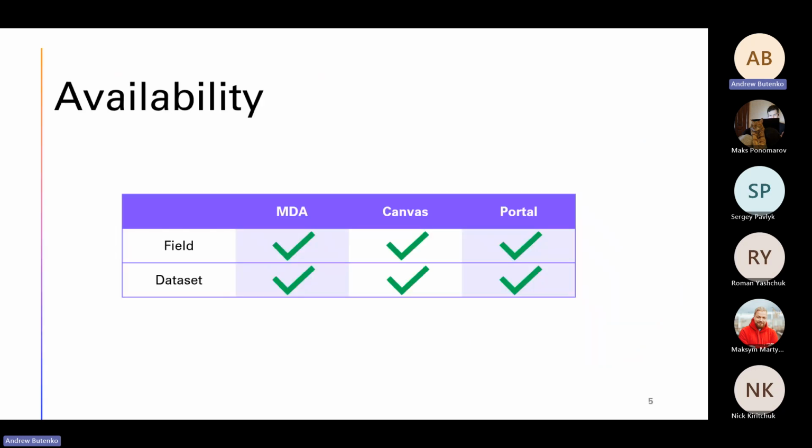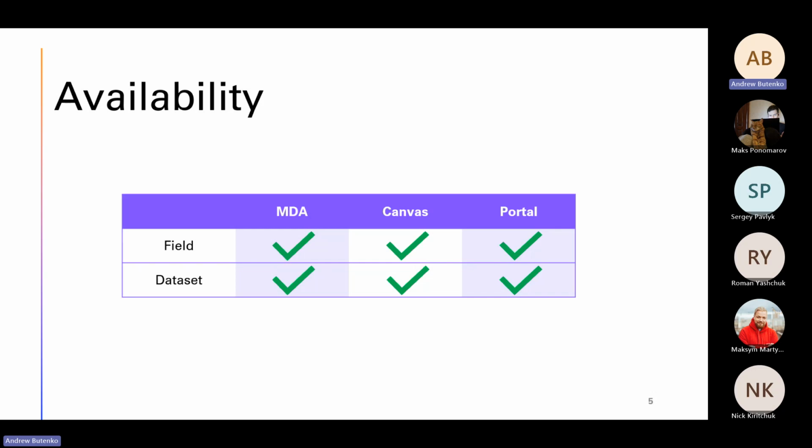Availability. So that is great because at the moment, both field and dataset types of PCF controls are available for model-driven apps, canvas apps, and portal apps, with some specifics, with some limitations, that I will talk about a little bit further in my presentation.